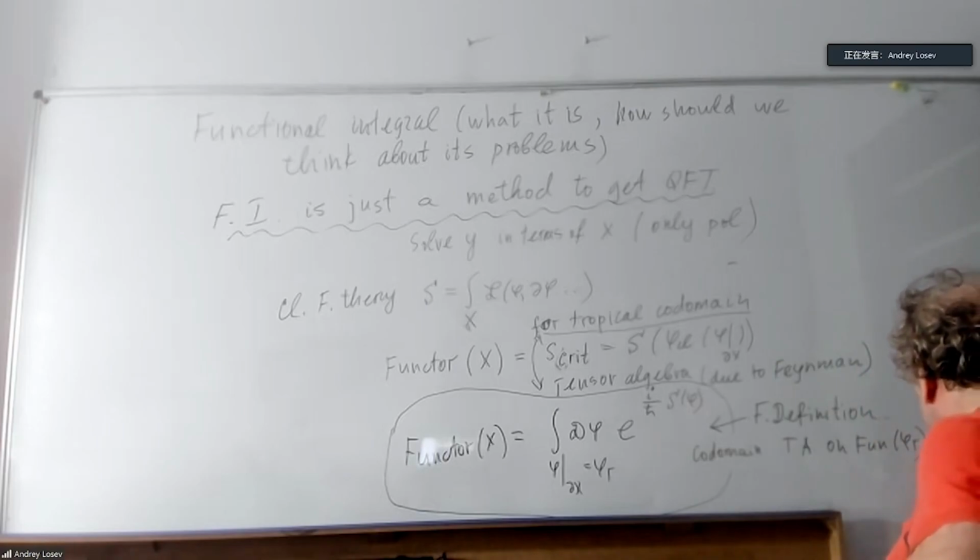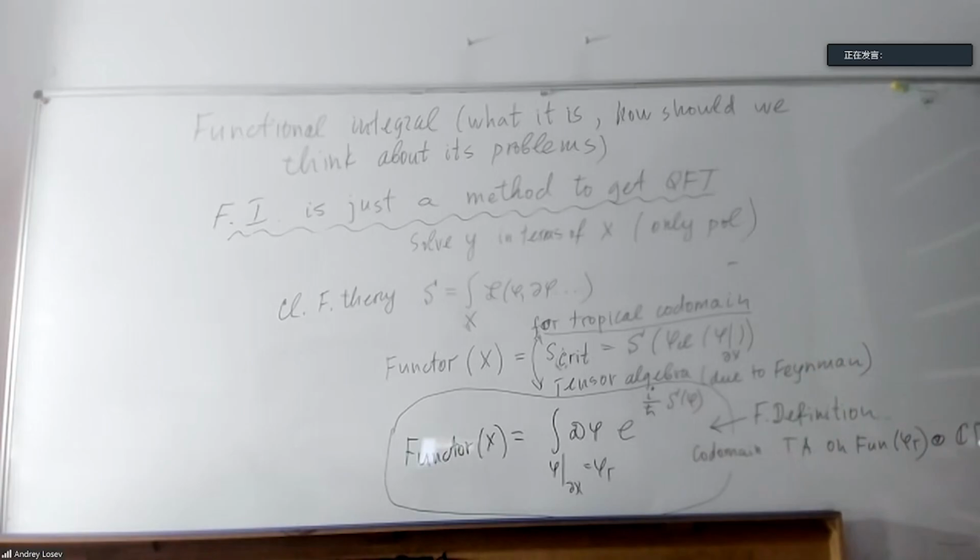And for Feynman, the ring was the ring of polynomials on H. So this was the Feynman definition.